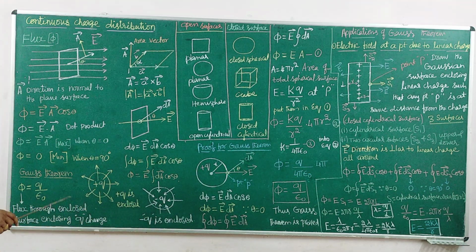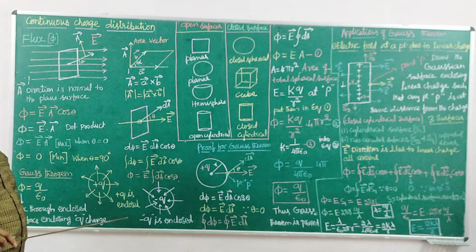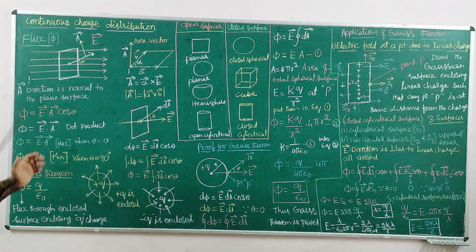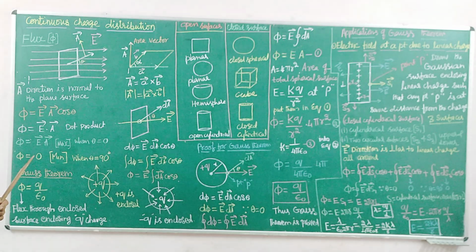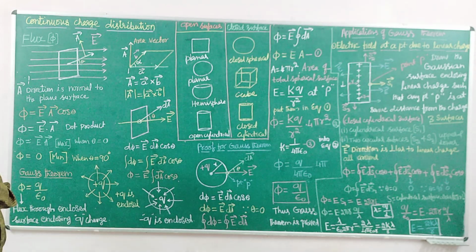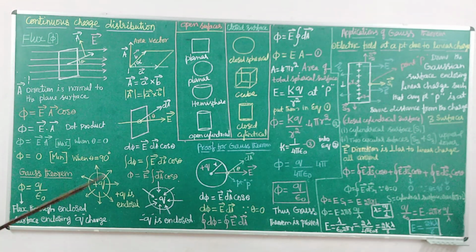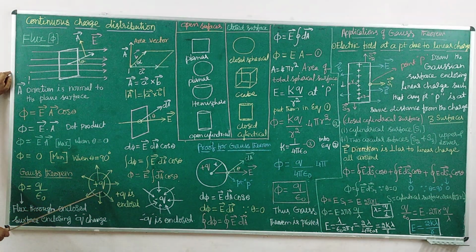It is applicable not only for a spherical shape but for any kind of enclosed shape. And this surface is called a Gaussian surface. Remember the term and the meaning of Gaussian surface. What is a Gaussian surface? That is an enclosed surface.